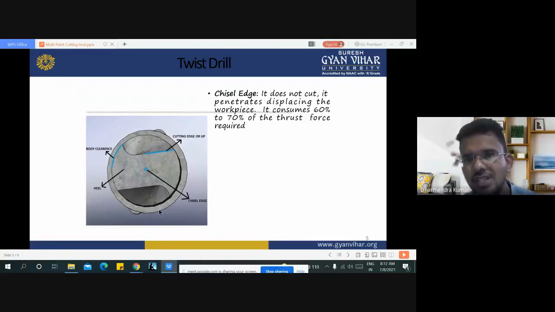It consumes 60 to 70% of the thrust force required, because it is the main point which first makes direct physical contact between the drill bit and the workpiece. Thus, it consumes 60 to 70% of the thrust force.